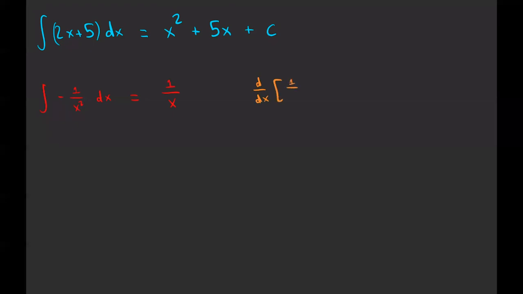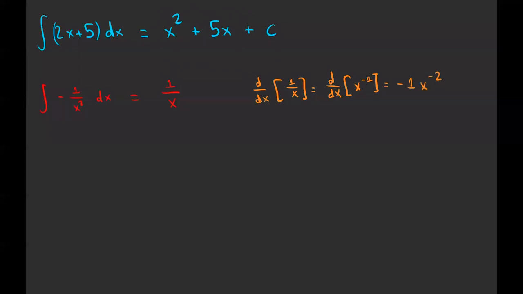So d dx of 1 over x is equal to, well, before even taking a derivative, I can just write this as x to the -1. And so now when I take my derivative and use my power rule, I have to drop that power down, so that -1. And then I have to subtract 1 from that power.